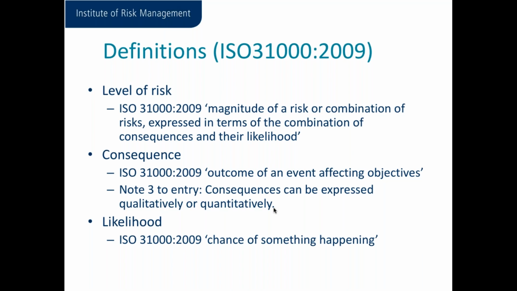Consequence is the outcome of an event affecting objectives, and consequences can be expressed qualitatively or quantitatively. So again, we're thinking about how we use the information. And then likelihood is the chance of something happening. So these are all things that you should know about, things that we've included in definitions throughout the study guide.